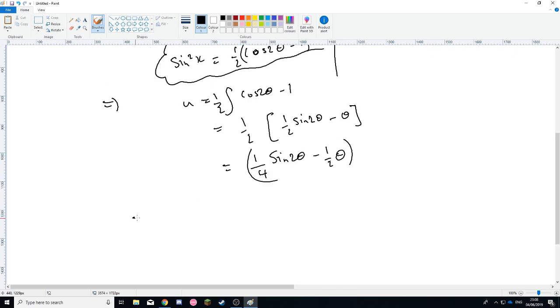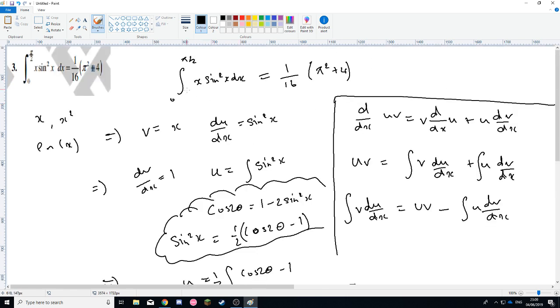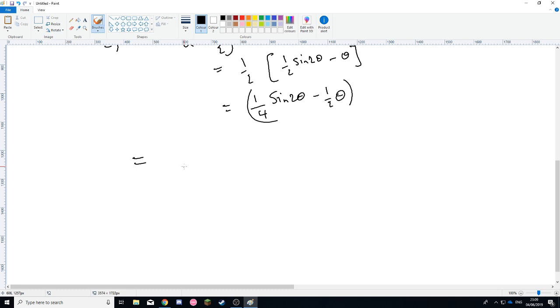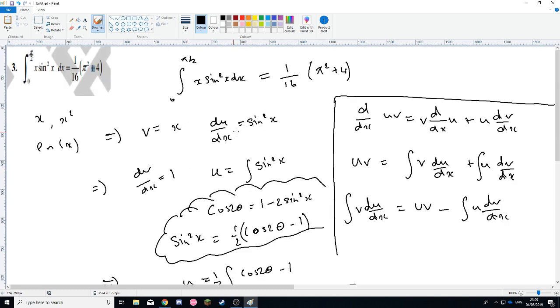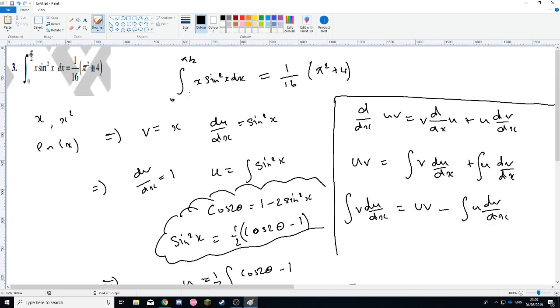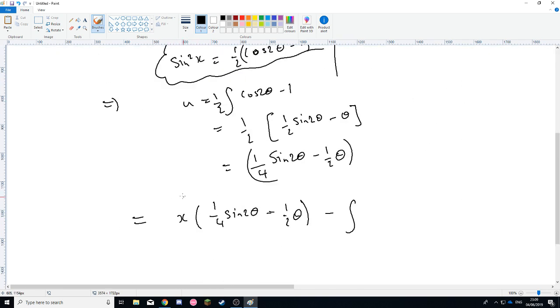Moving on. So we have this integral, pi x squared dx, is going to be equal to uv, which is x times quarter sine 2 theta minus half theta, minus the integral with the same limits. I haven't written the limits in, but I'm going to put the limits to this entire thing anyway.